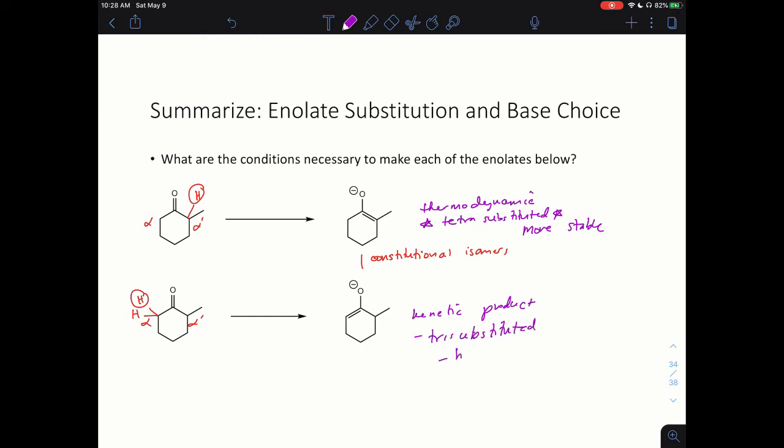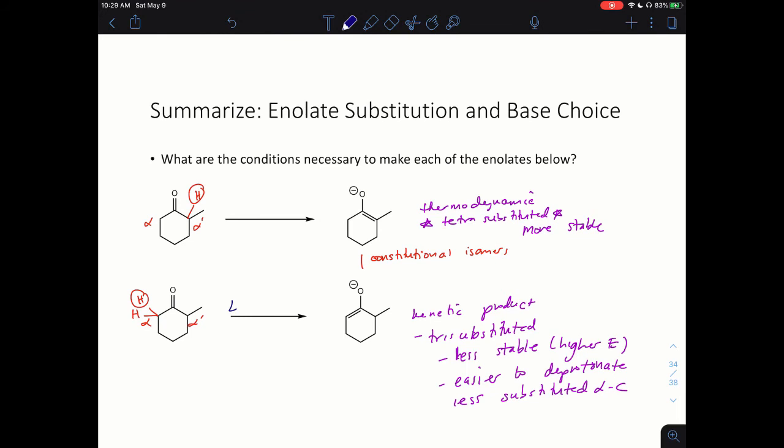It's a little bit higher energy than the tetra, but it was easier to deprotonate. It was easier for LDA to get in there and deprotonate the less substituted alpha carbon. I guess I gave away what happens, right? So this is just classic use of LDA.